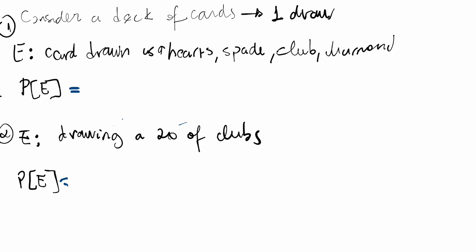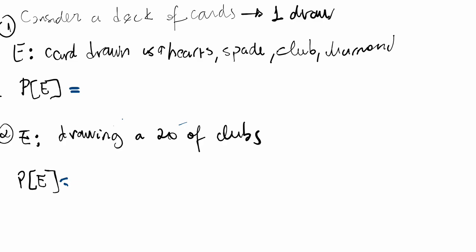You have hearts, you have diamonds, you have, I don't know how to draw it, but I'll try, clubs and spades. Something like that. Okay? So we have 13, 13, 13, 13.